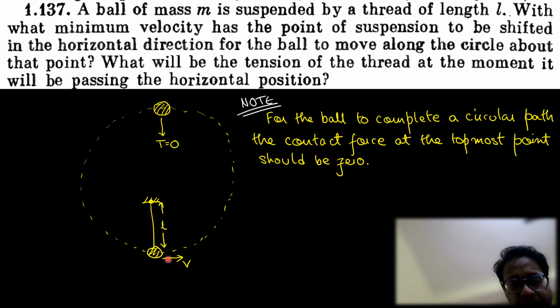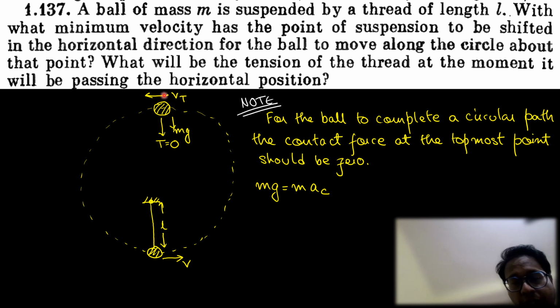Now let's check. The velocity here is v, it goes up, and the velocity at the topmost point becomes vt. Let's analyze this topmost point. What are the forces here? The forces are mg and T. The tension force already became 0, so at the topmost point, mg is equal to mass times centripetal acceleration.